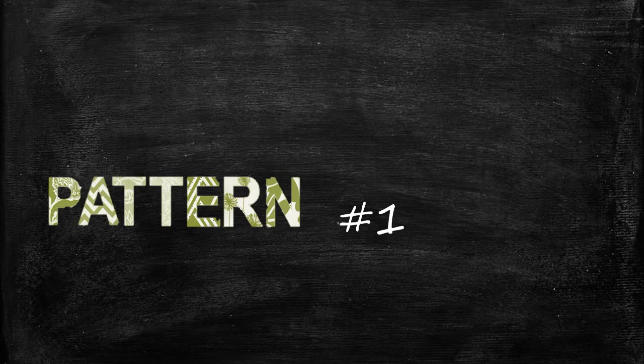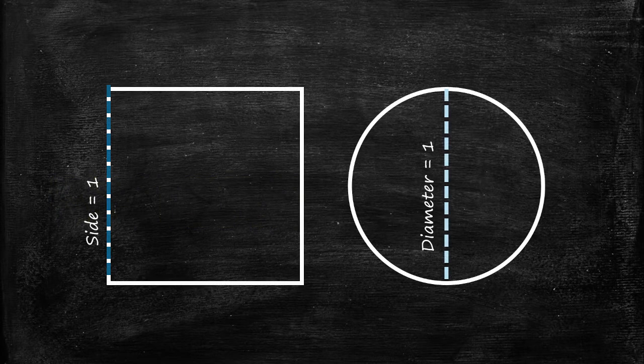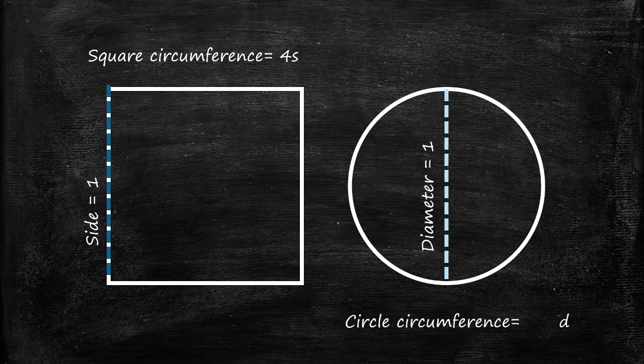Pattern number 1. Here is a beautiful square and a beautiful circle. Let's find their circumferences and perimeters. Square, easy. Just multiply one side by 4. Circle, still easy. Just double the radius or find the diameter in the first place, and then multiply by pi.